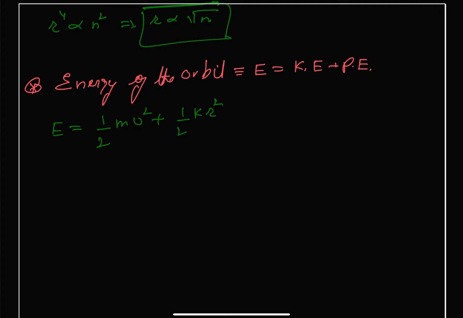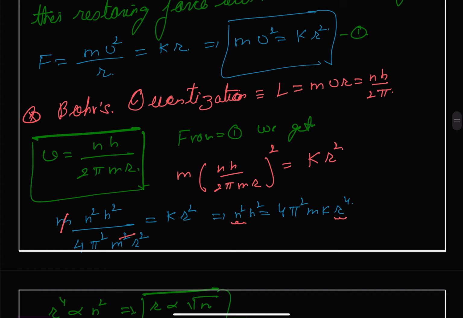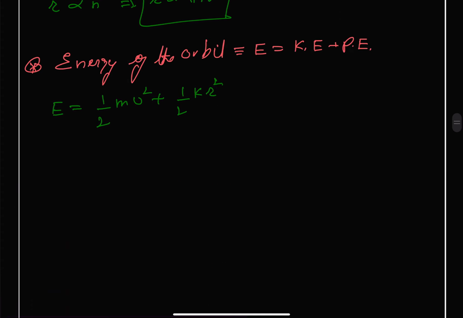We already know that mv square is equal to kr square from equation 1, or we can write that half mv square is equal to half kr square.